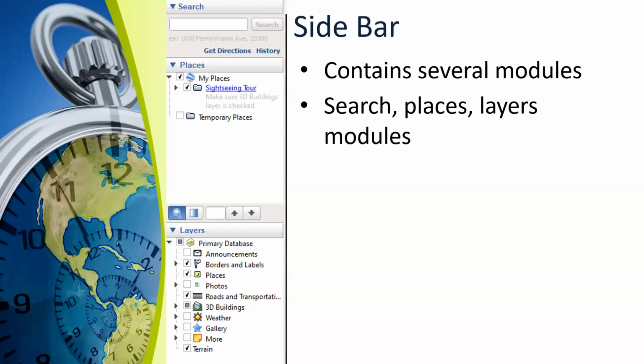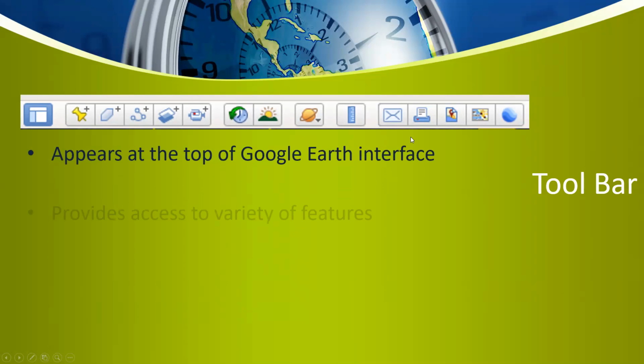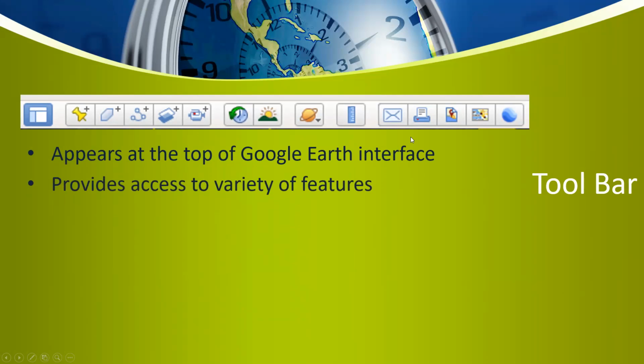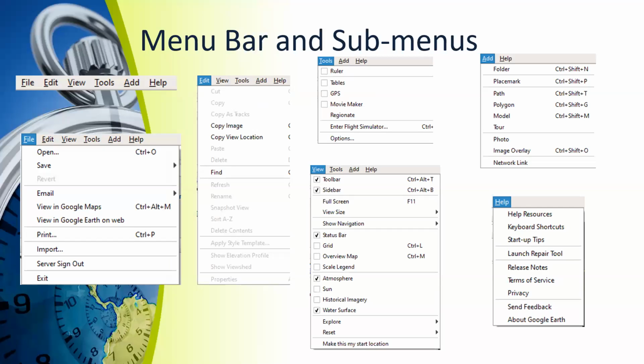We've looked at the toolbar that consists of various menus, as it appears on the top of the Google Earth interface, providing access to a variety of features: place marks, creating polygons, image overlay, historical images, among others, which includes even emailing. So we have looked at the menu bar and its items, and also the menus and submenus that appear under them.